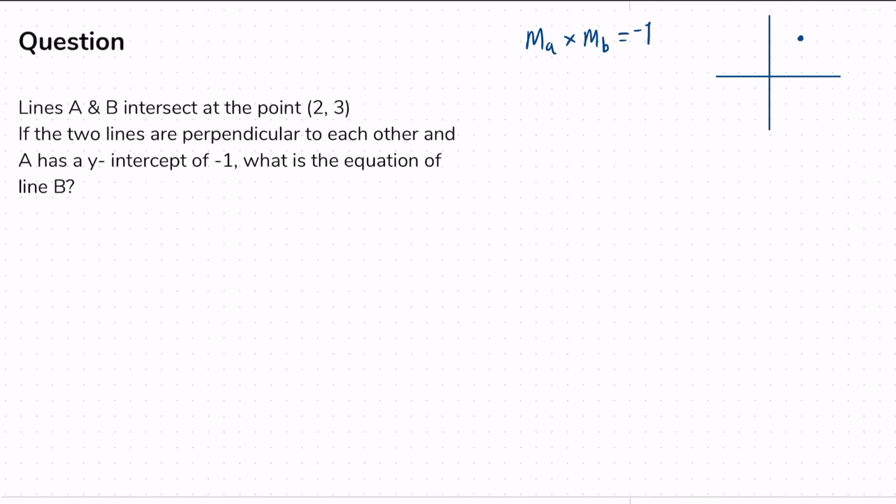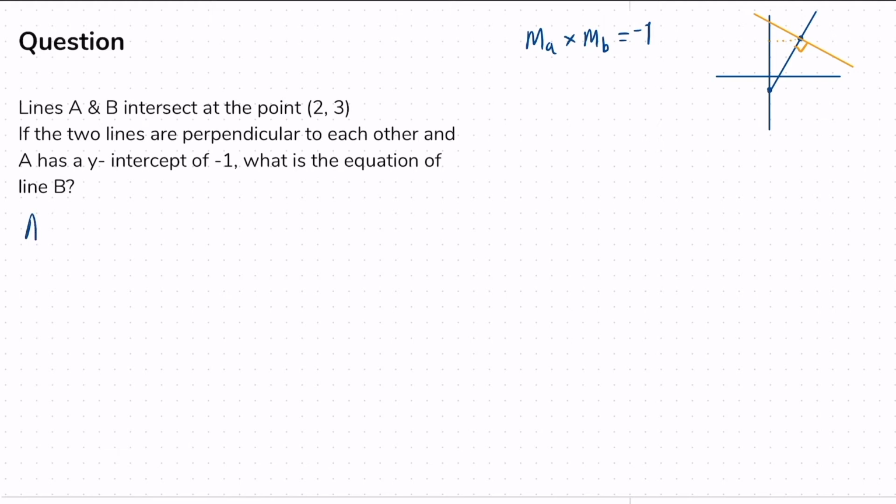It's not to scale. And A has a y-intercept of -1, so somewhere around here. If I draw that roughly, it shows me approximately where my other line is going to be. It's perpendicular, that's a right angle. So I know that line B is going to have a C that is greater than 3, and it's going to have a negative gradient. I'm going to use this to check my thinking later on.